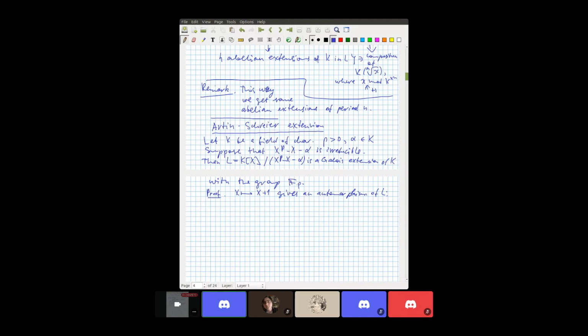This one, that this extension is Galois and its Galois group is cyclic.